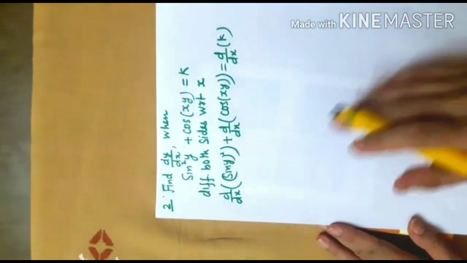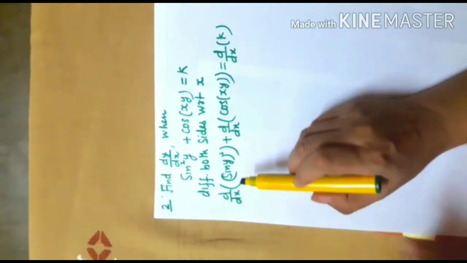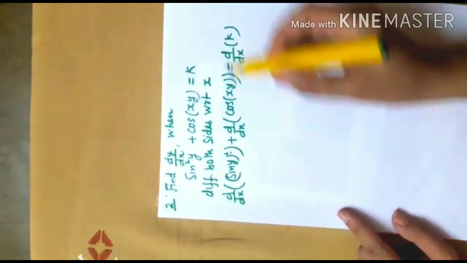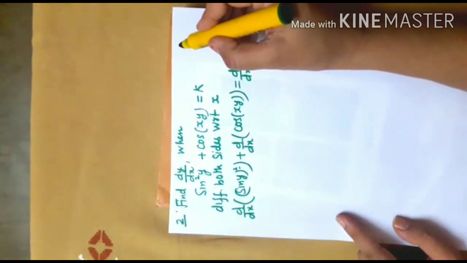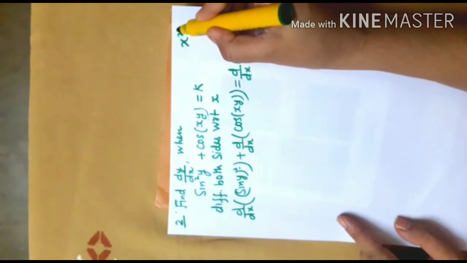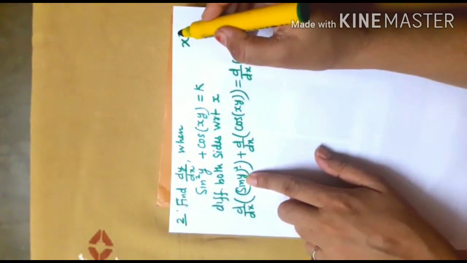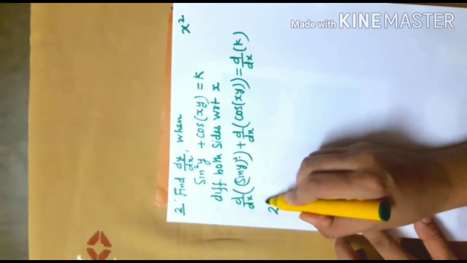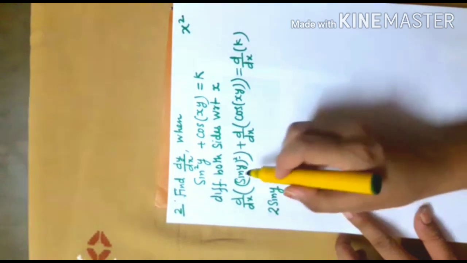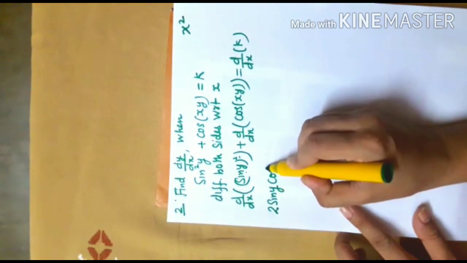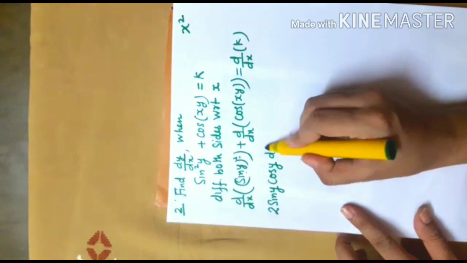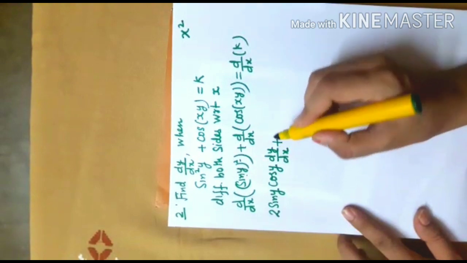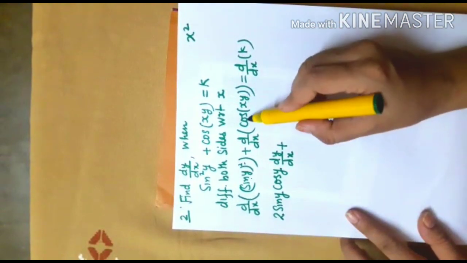Right? Now here, first we handle this power, that is the outer function. So it is of the form x square, where role of x is being played by sine y. So derivative will be 2 sine y, derivative of the inner function cos y, and then dy by dx, plus cos xy.